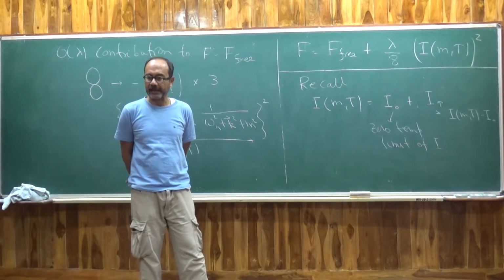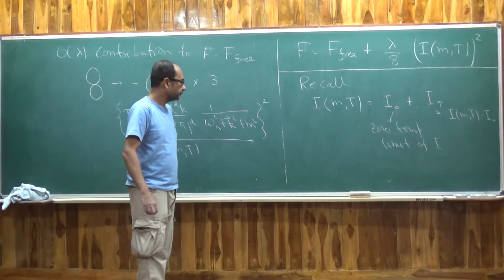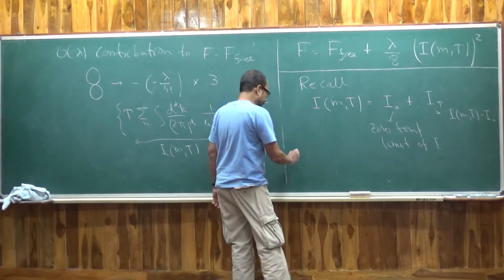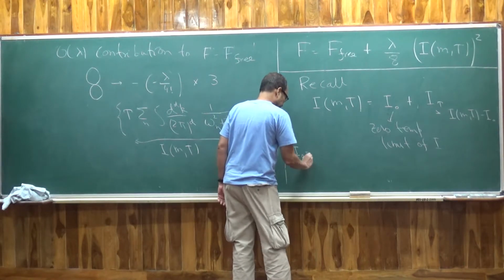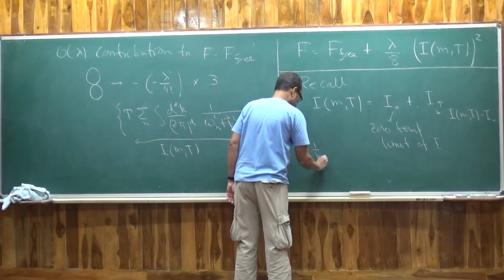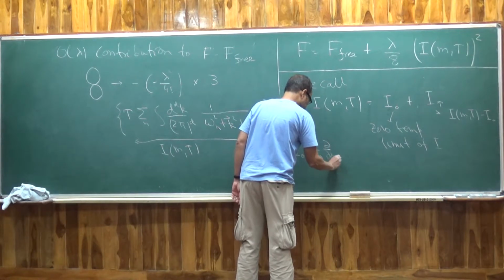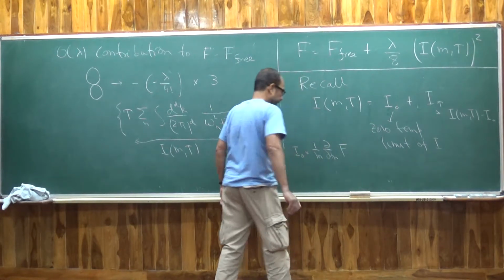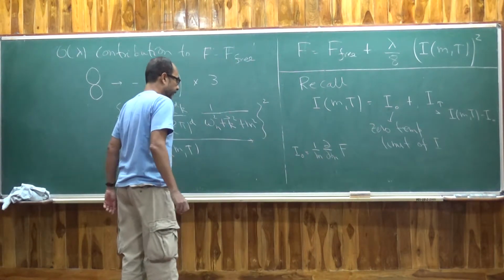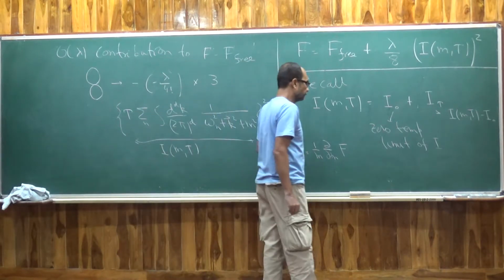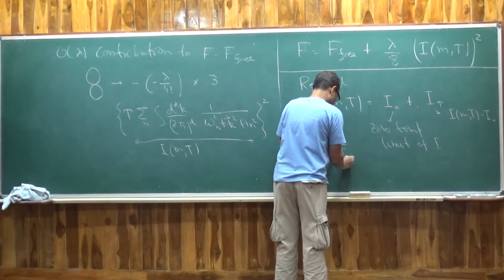We calculated I and then we integrated this to get the free energy. So we calculated I0 as 1 over m del del m of F0, but this is the free.